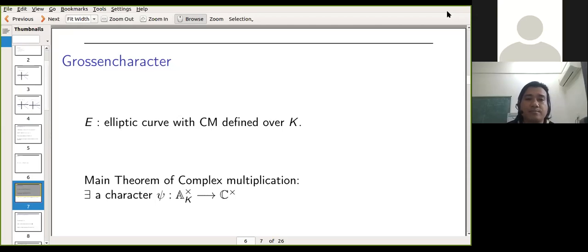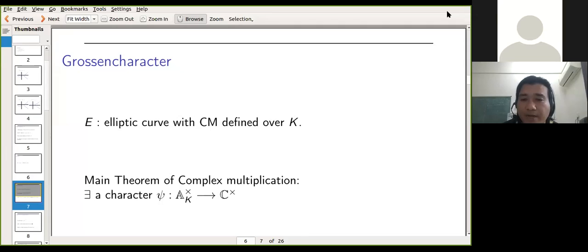Okay, so it's a deep theorem. Okay, and for E given by y squared equals x cubed minus x, I have written down this character, and it's given by, at points P, which is generated by pi.